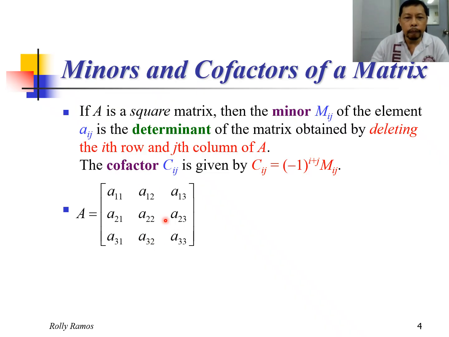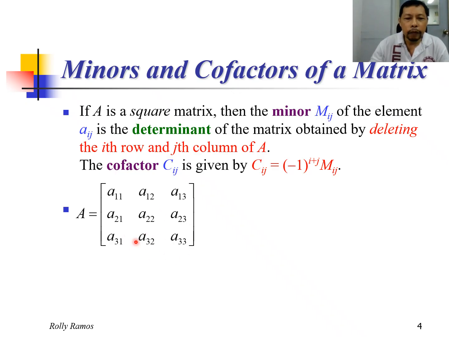And as stated above, to find the minor of this element, we take the determinant of the matrix obtained by deleting the first row and the first column. Because this is our element A11, we remove row 1 and column 1, and what will remain will be these elements.